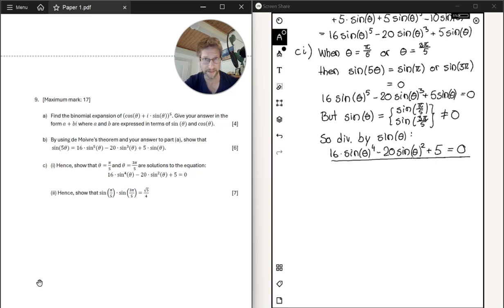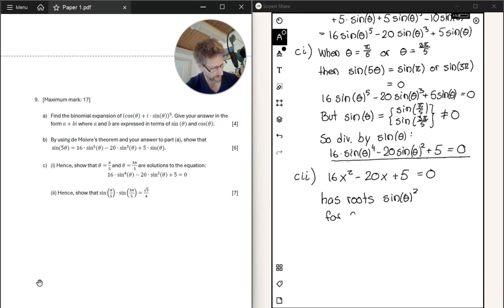But this equation looks like a quadratic equation where, so let's go CII, if we look at this equation, 16x squared minus 20x plus 5 equals 0, then what we have just shown has roots that are sine of theta squared for theta equal to pi over 5 and theta equal to 3 pi over 5.